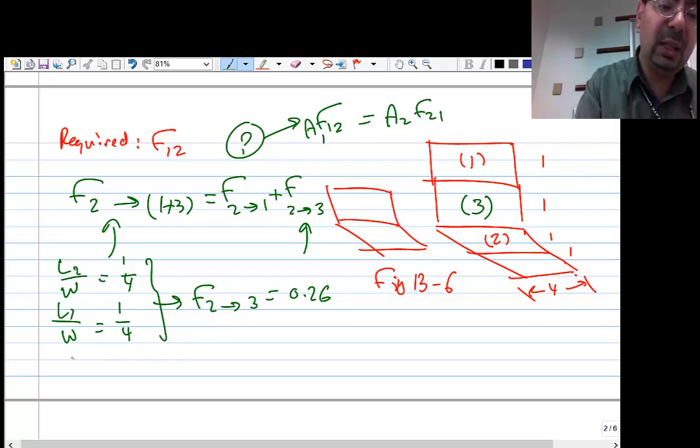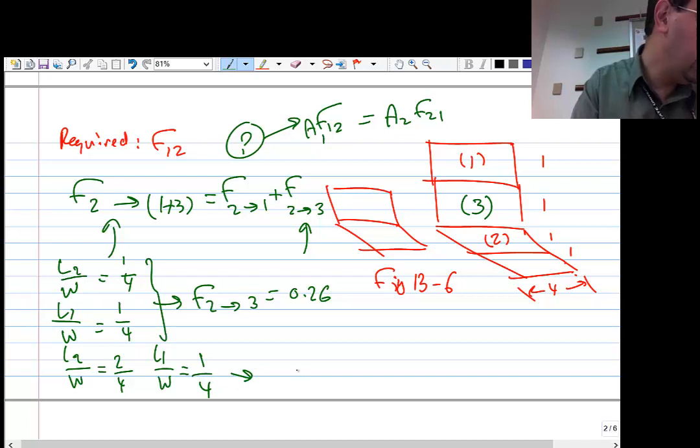So for that, basically the geometry would be L2, and I'm saying L2 and L1 based on that figure. So that's 2 over 4 and L1 over W. Those are the two surfaces that are basically normal to each other, it's 1 over 4. And so from that you will get F2 to that new surface that's called 1 plus 3 is 0.33.